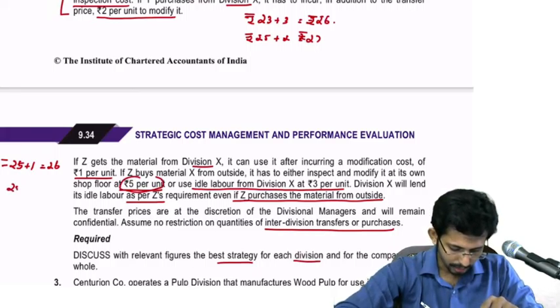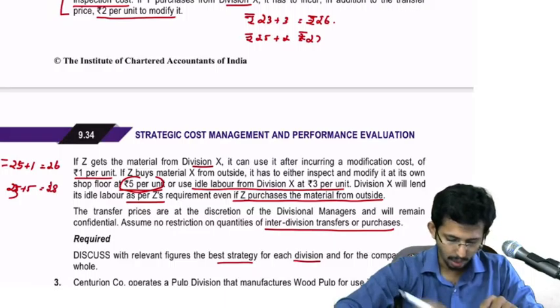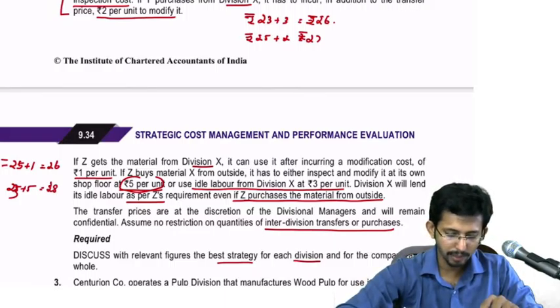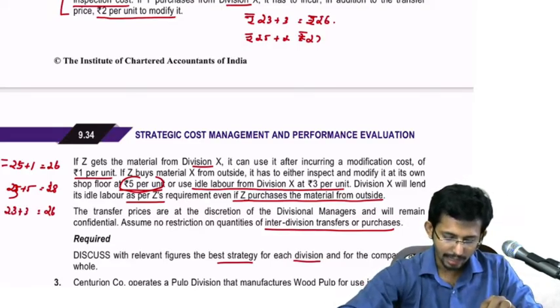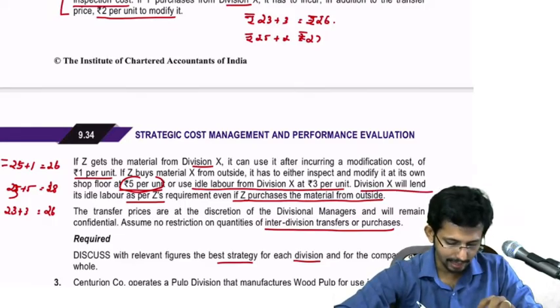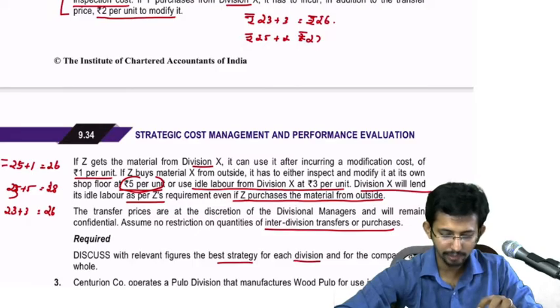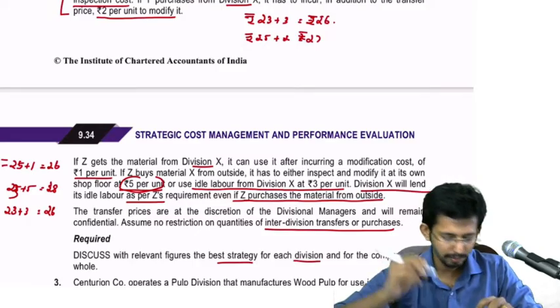So that means 23 plus 5, that is 28. Or use the idle labor from division X at rupees 3 per unit, or 23 plus 3, that is 26. And division X will lend its idle labor as per Z's requirement, even if Z purchases the material from outside.